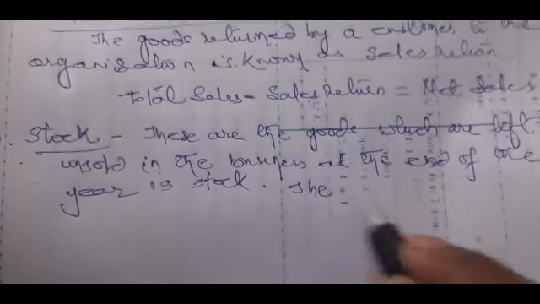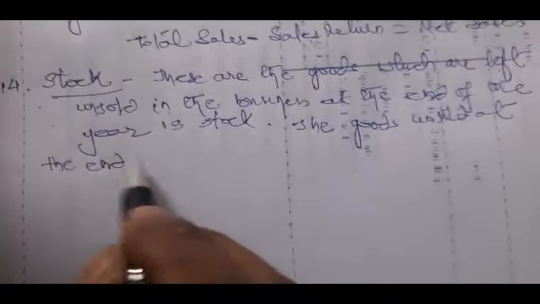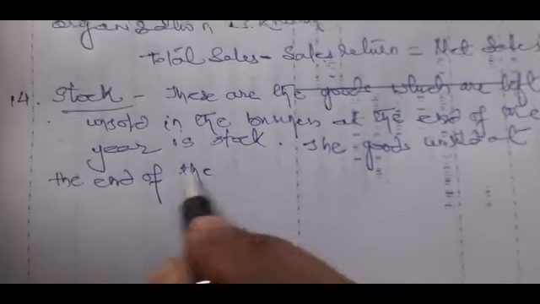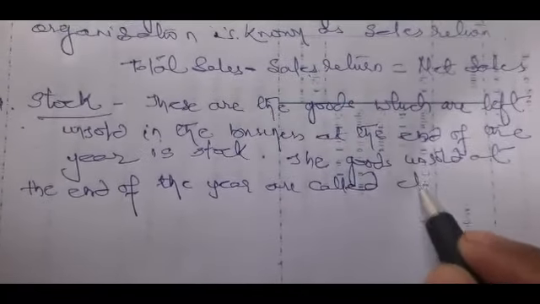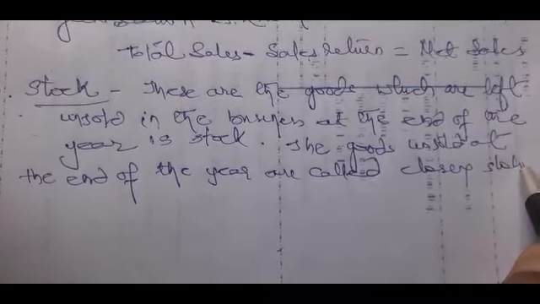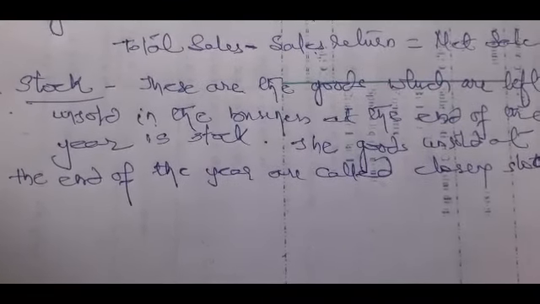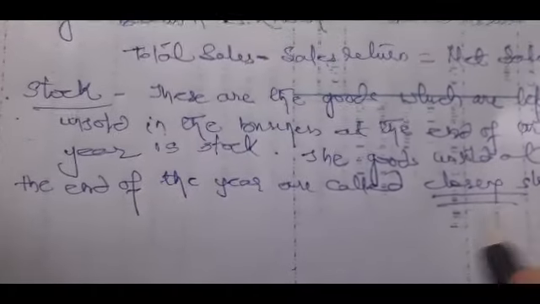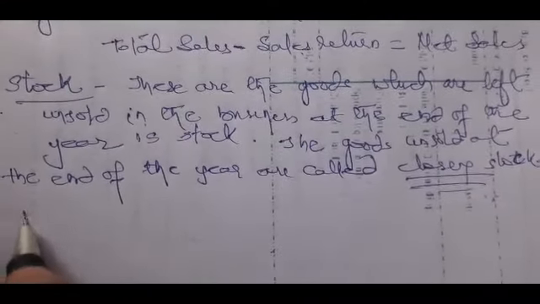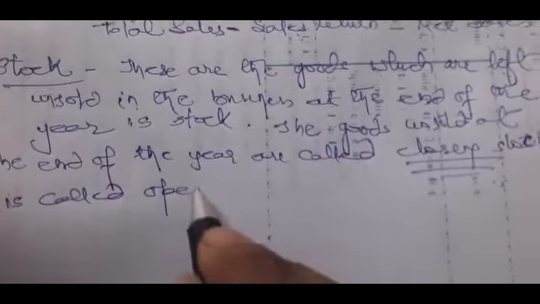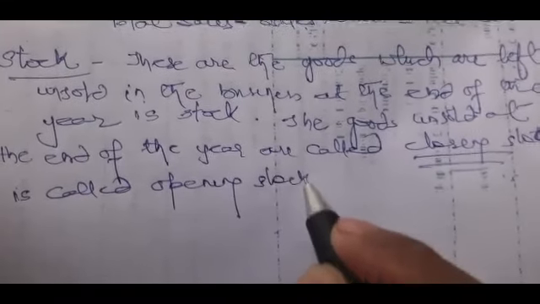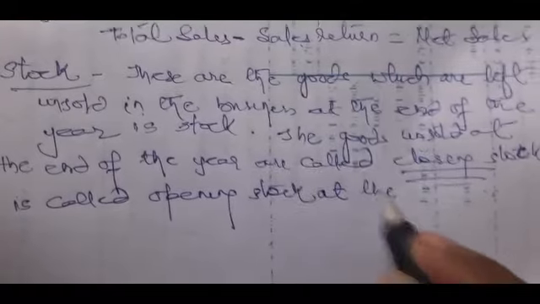The goods unsold at the end of the year are called closing stock, and this same closing stock is called opening stock at the beginning of the new year.